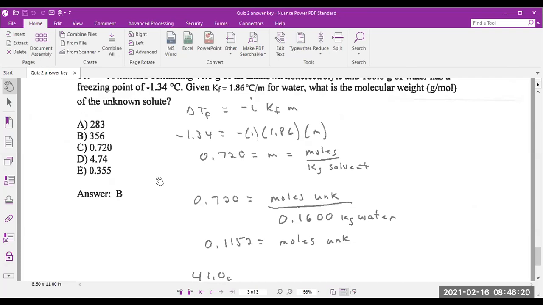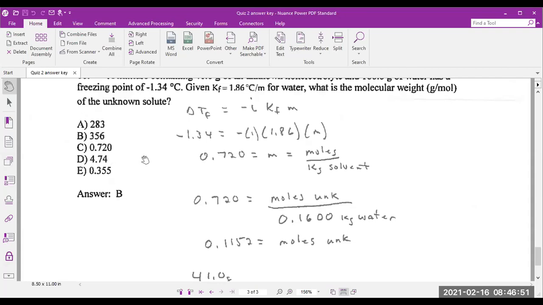What is molecular weight? Molecular weight is the sum of the atomic weights of all the atoms that make up that compound, and our smallest atomic weight is hydrogen at 1. So it has to be 1 or greater. Those numbers that were less than 1, we could have ruled out based on that.